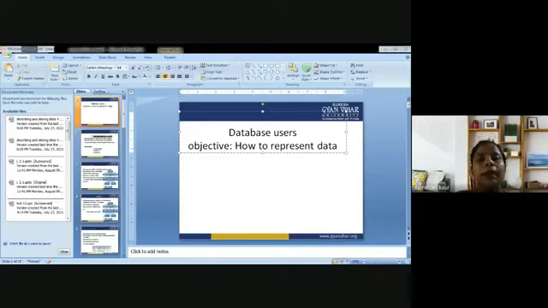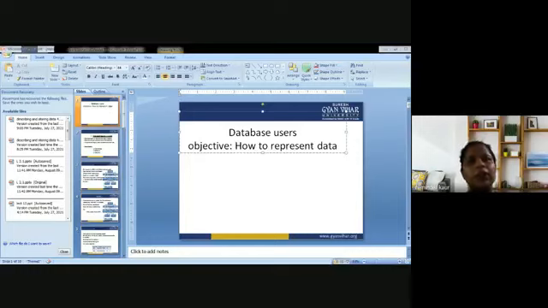The term data model could be explained with the recent example of a car. Say I am supposed to store data about a car. There are certain attributes associated with a car, because there are millions of cars available.